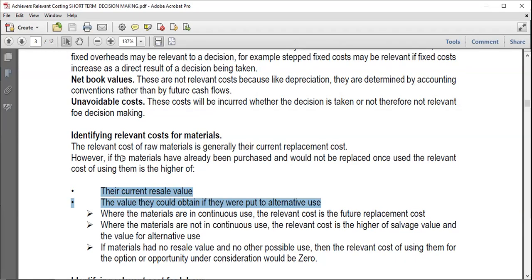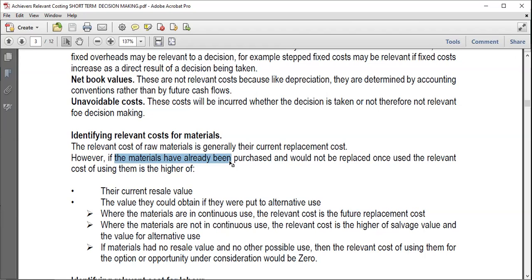Now, why are we bringing in this? It's because these materials have been purchased and, of course, they will not be replaced. Let me use the example of our special order of producing 300 cakes at 40,000 when the normal price is 50,000.